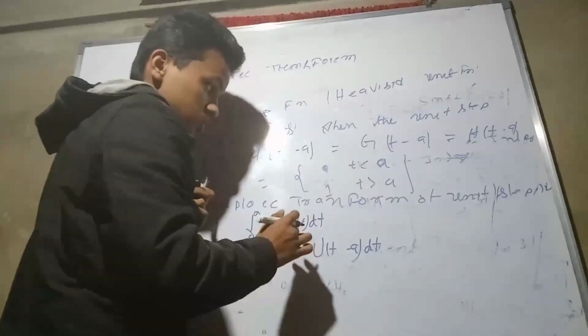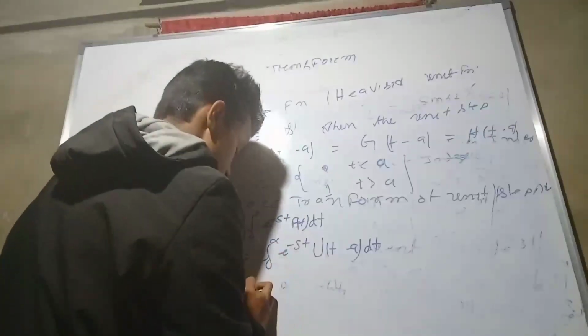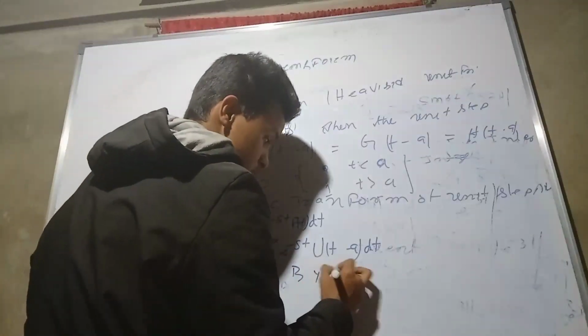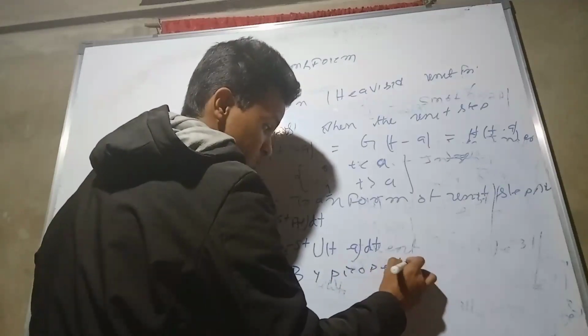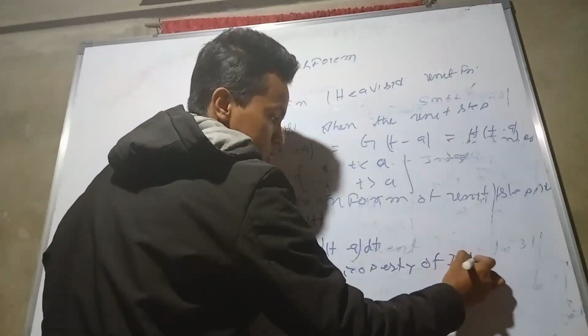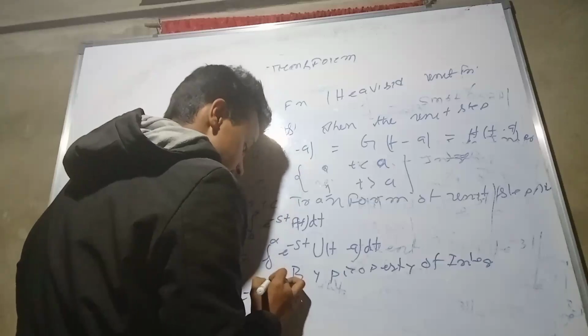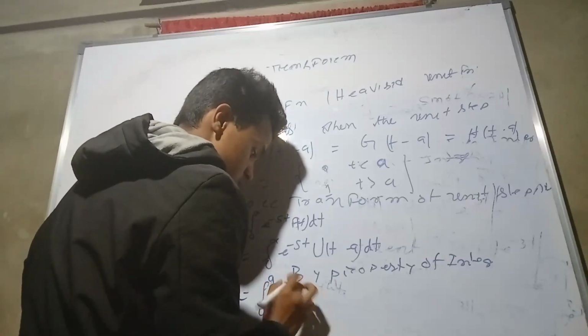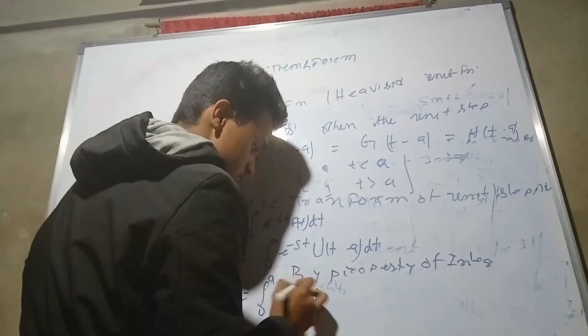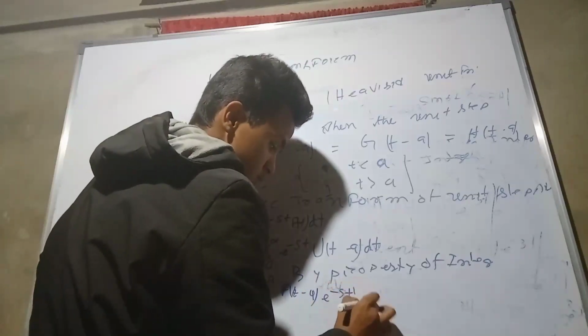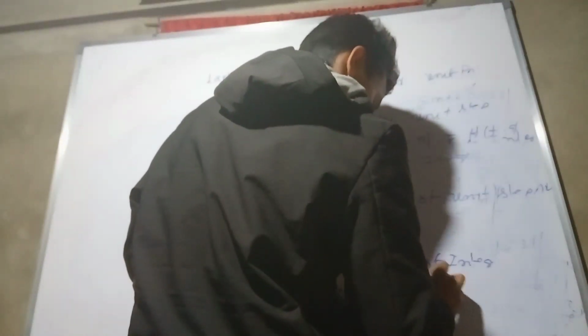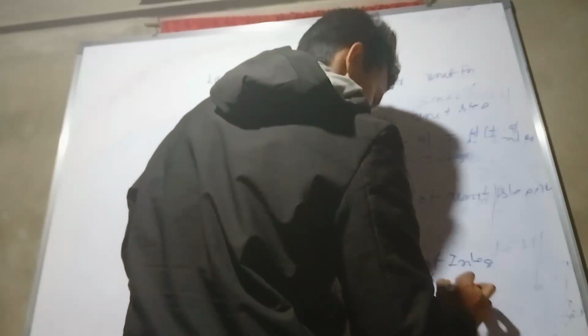So now, by the property of integrals, we can expand it as the integral from 0 to a of f of t, that is u(t minus a), times e to the power minus s t dt, plus the integral from a to infinity of u(t minus a) e to the power minus s t dt.